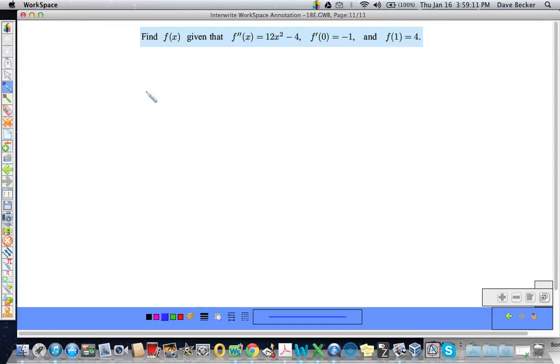Huh. Okay. So that means if I take the integral of the second derivative, I'll get the first derivative. So f prime of x is going to be equal to the integral of 12x squared minus 4 dx. Okay. Well, that should be an easy integral to take.